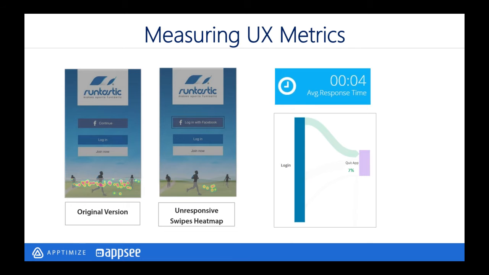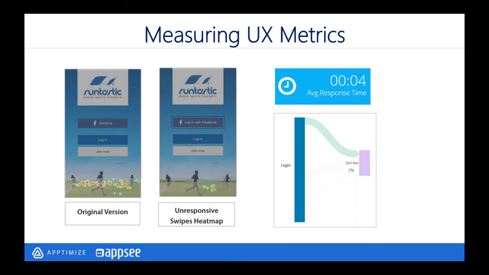So now we can look again at the unresponsive swipes heat map, and we can see that the original version had a lot more unresponsive swipes compared to the change. So we see that in the first UX metric, which is usability, we were able to improve. The second metric that we're seeing here is the average response time.